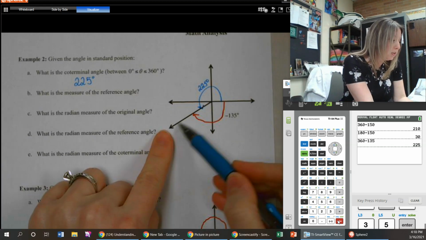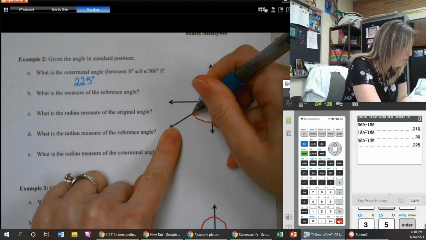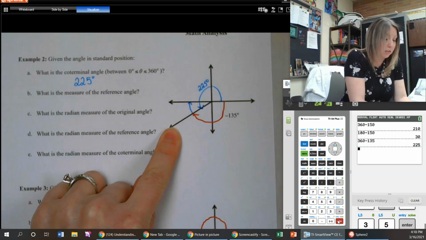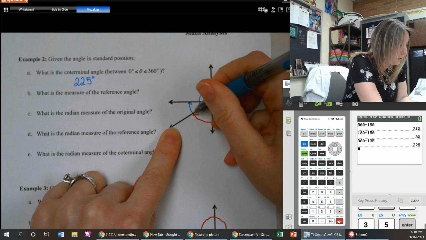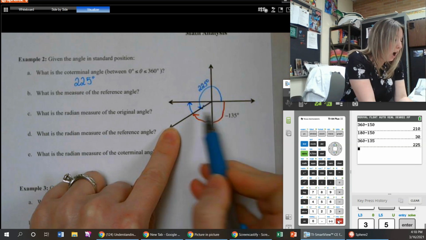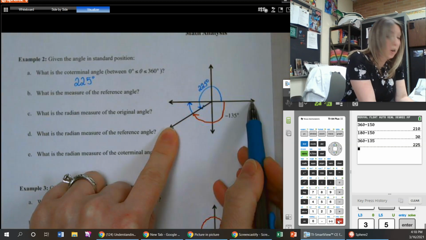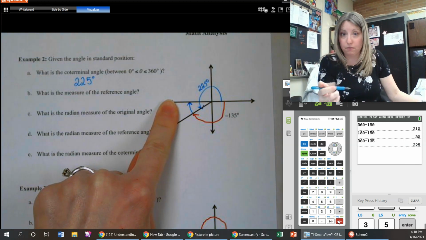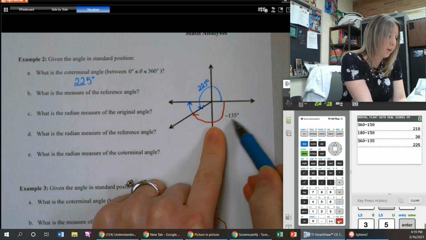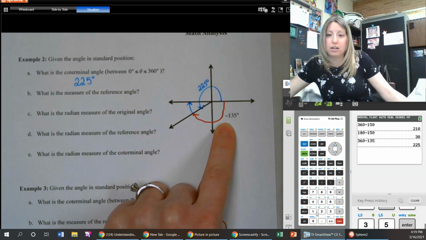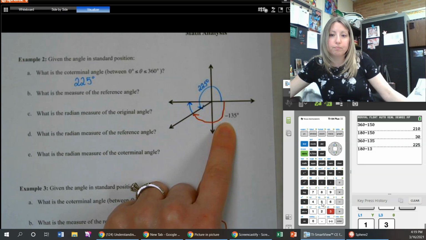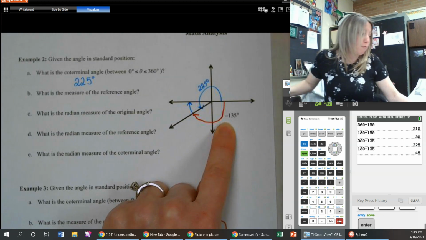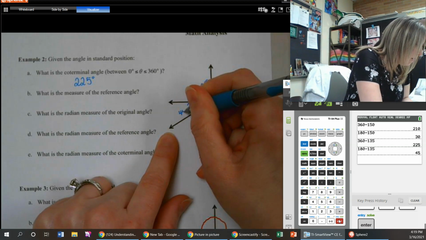Well, here's the terminal side down here, so I need to go back up to the x-axis. That's the reference angle in here. So I'm going back up to this 180. There are two ways I could look at this. I could take the absolute value of this and subtract it from 180, so 180 minus 135 gives me a reference angle of 45 degrees in here.